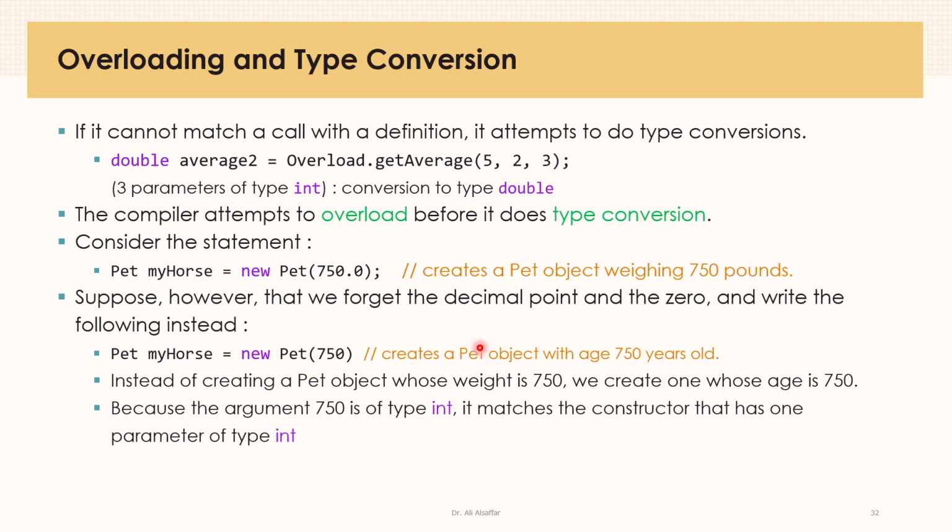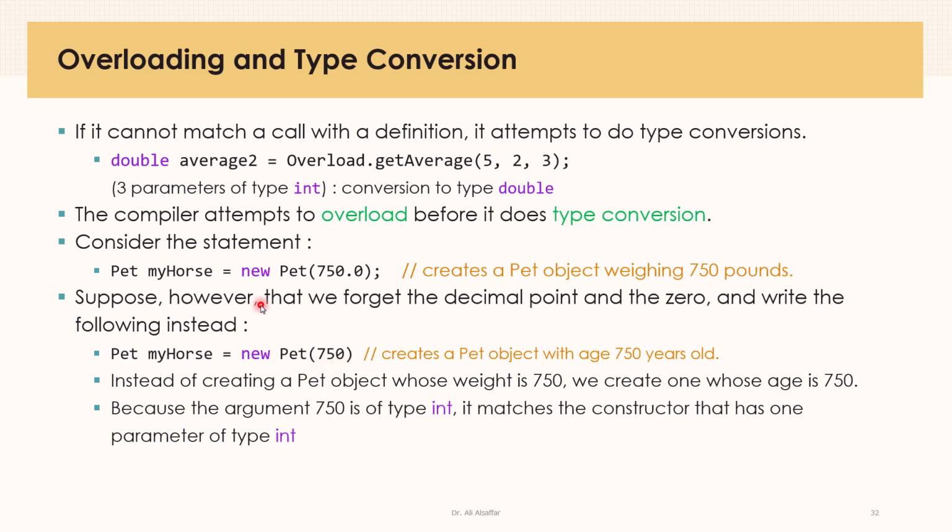So this error happened because of the type conversion, because we forgot the decimal point. Instead of creating a pet object that has the weight as the input parameter 750 pounds, it is going to call the constructor that will create a pet object whose input parameter is the age of the pet, which is 750 years old.